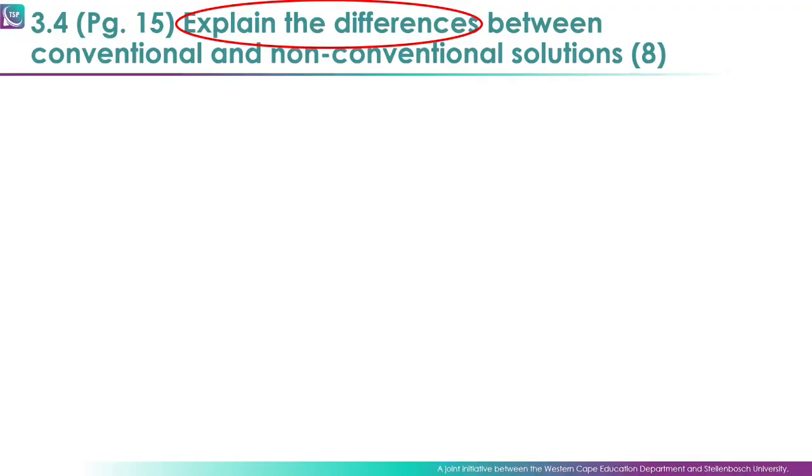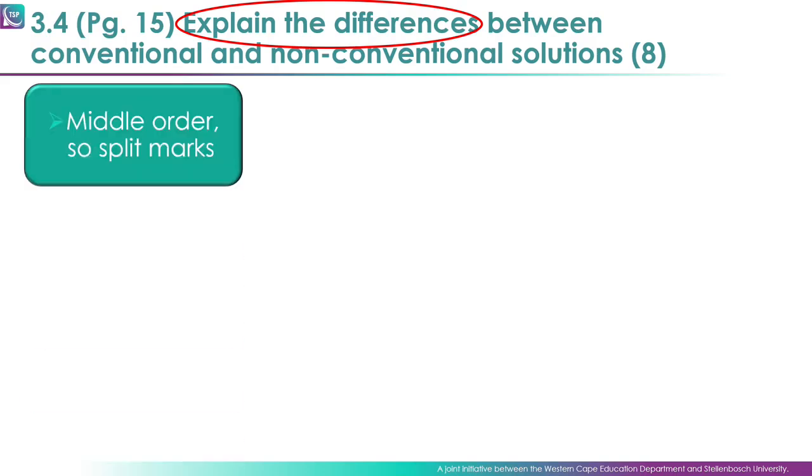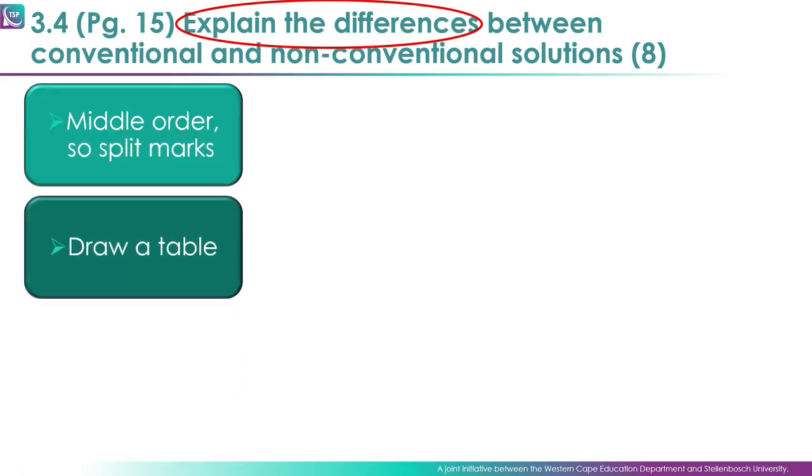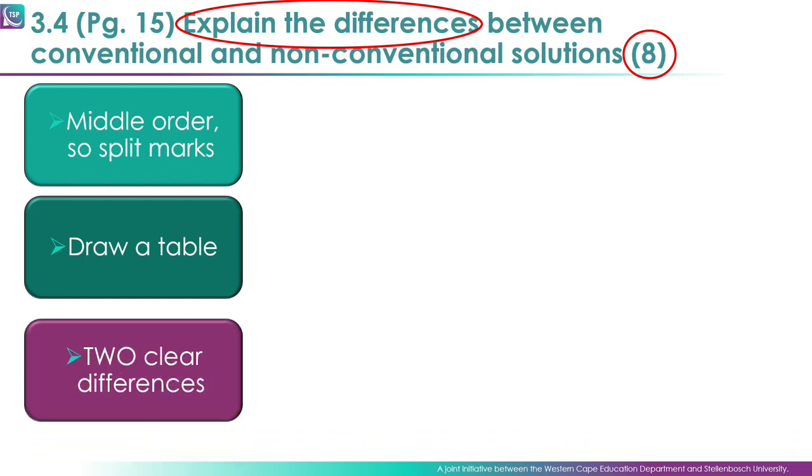All right, so let's have a look at this question itself. Explain the differences. As I mentioned, that could be replaced with distinguish between. All right, so middle order question, split marking again. Draw a table if you wish to. And then let's have a look. Okay, two clear differences. So if we're looking at this mark allocation, the mark allocation is 8.